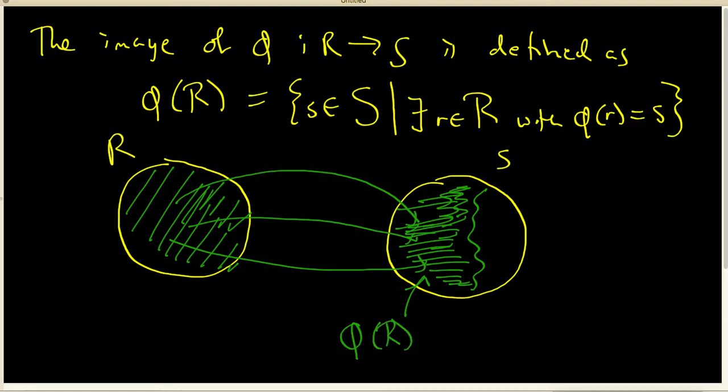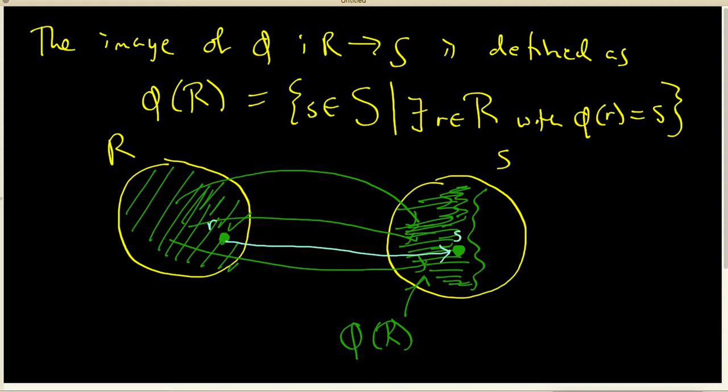And the important idea is that if I take an element inside this chunk, right there, I know that there is somebody over here. So if this green thing here is my s, there is an r over here that is sent to that s. That's how I get inside the image of phi.